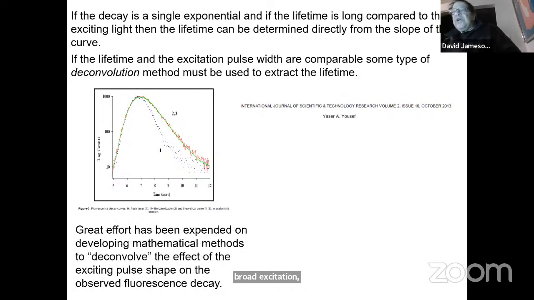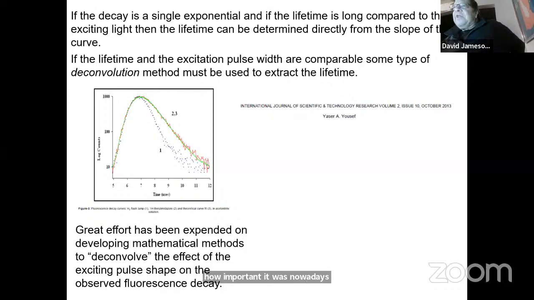In fact, a huge effort over the years was expended on developing mathematical models to deconvolve the exciting pulse shape from the observed fluorescence. I remember right after I got my PhD, I went to a meeting in Scotland. Virtually the entire meeting was devoted to methods to deconvolve pulse shapes from the observed decay, which tells you how important it was.